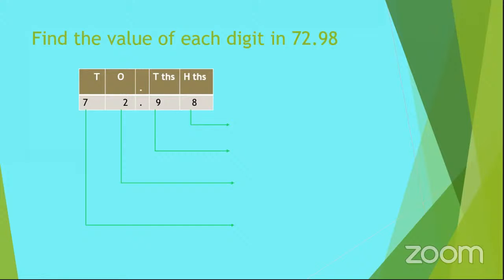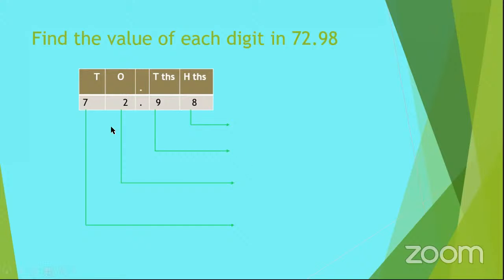The digit just before the decimal point takes the ones place value. So when you look at it here, we have ones, then we also have tenths for the next digit.